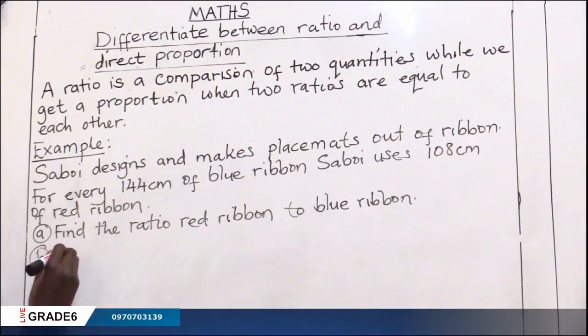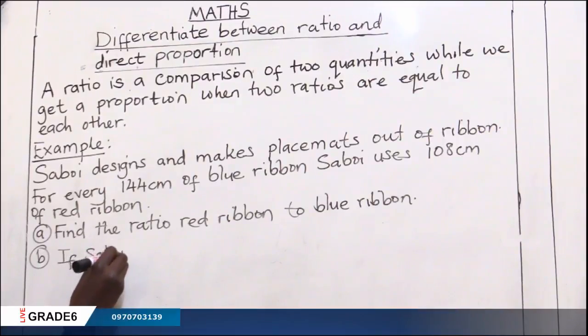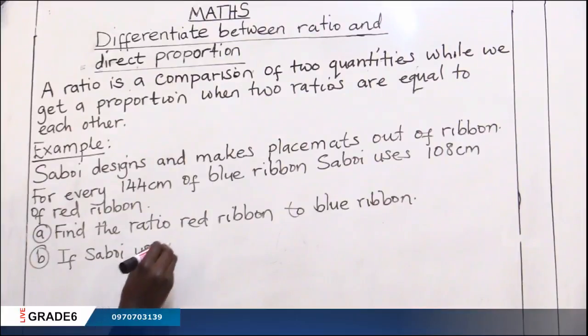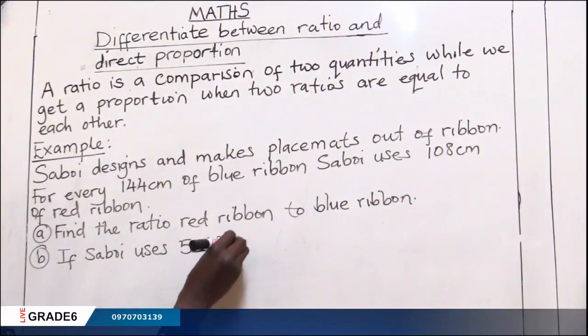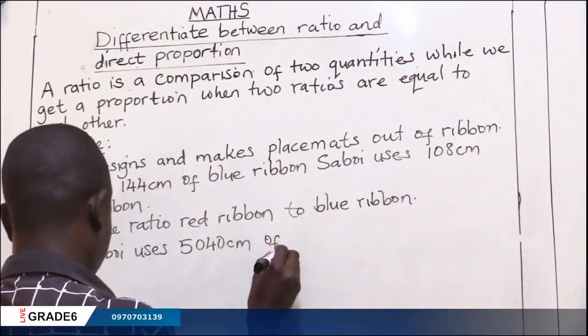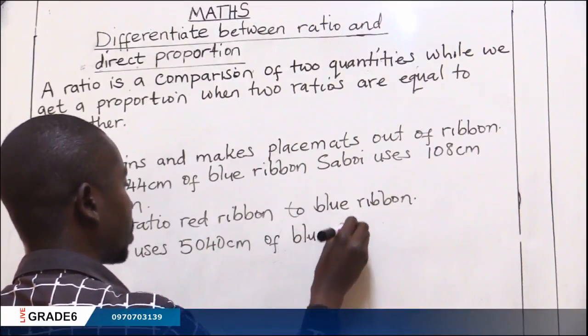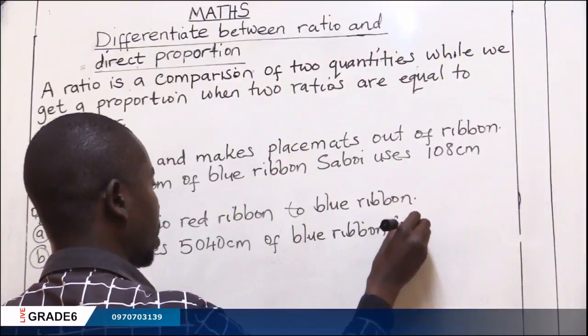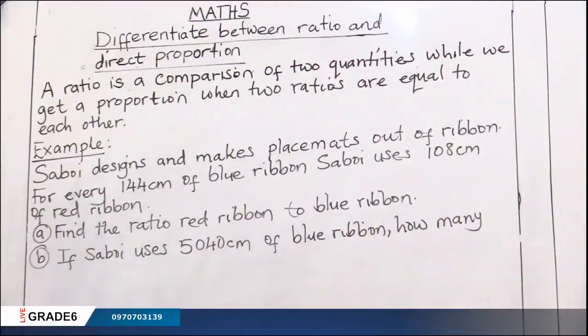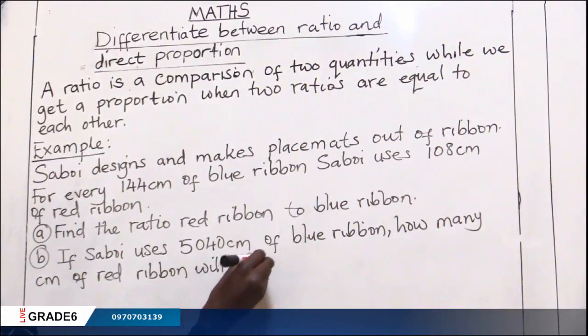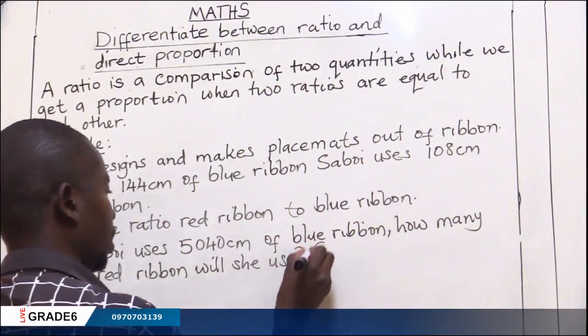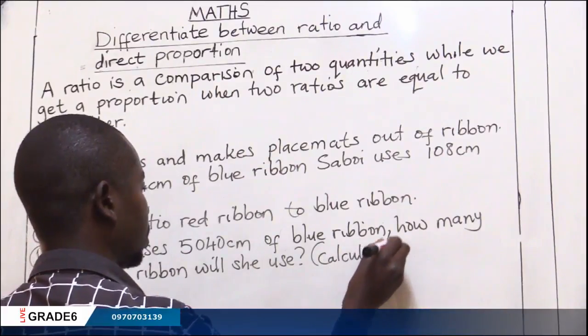B, if Savoy uses 5,040 centimeters of blue ribbon, how many centimeters of red ribbon will she use? Calculate.